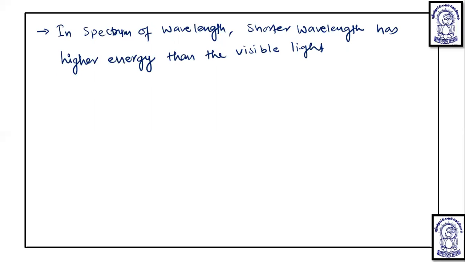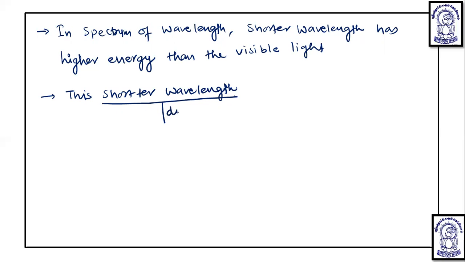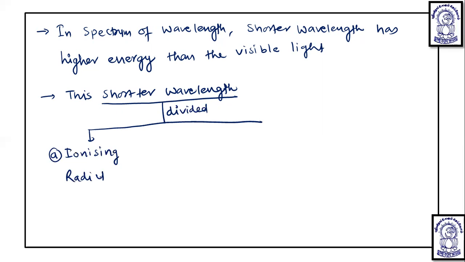These shorter wavelengths, shorter than visible light, are subdivided into two groups: one is ionizing radiation, and another is non-ionizing radiation.